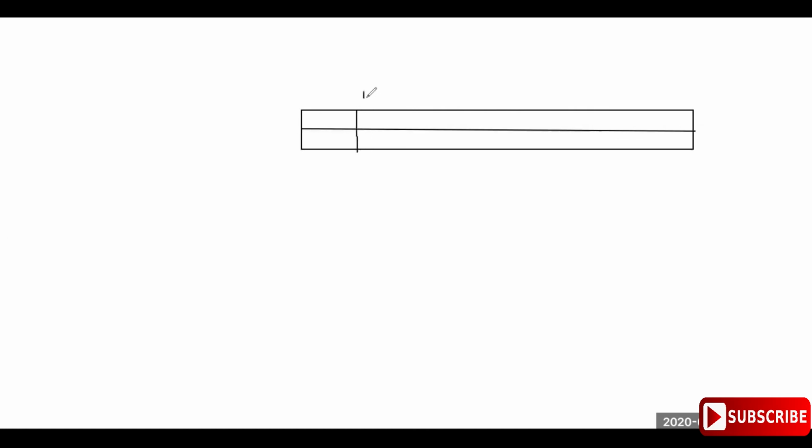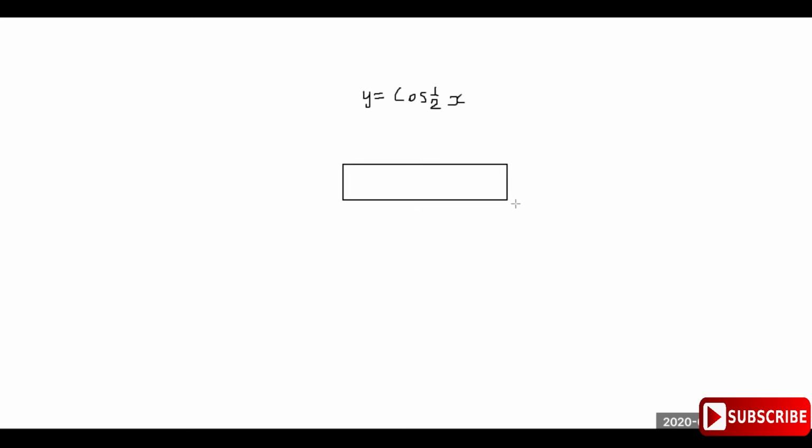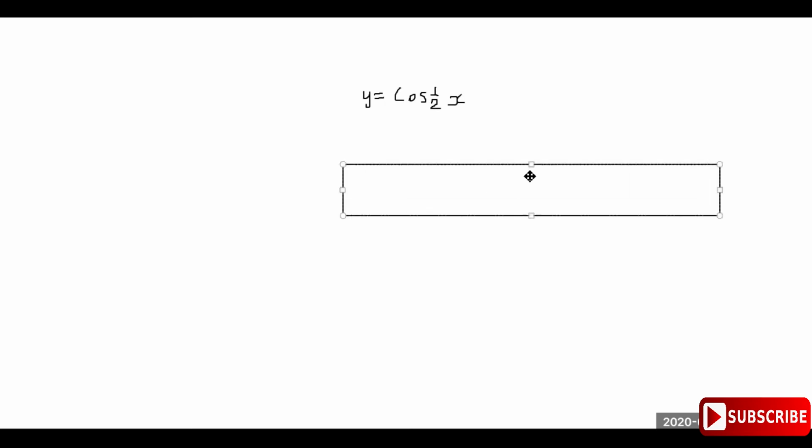So remember, y is equal to cosine of half x. And they want it between 0 and 2 pi. So what you can do is find values between 0 and 2 pi.